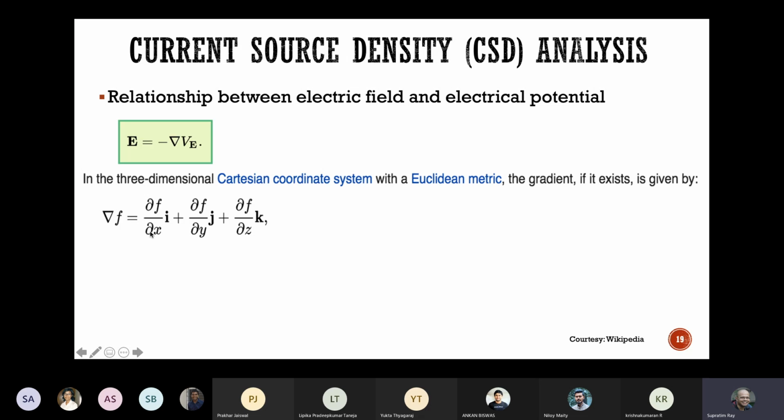So it becomes a vector pointing in the i direction, plus what you have here in the j direction and k direction. So it's a vector in three-dimensional space obtained from a scalar, which is the voltage. But then this voltage has to be available at many different values of x, y, and z. Only then can you compute its derivative.